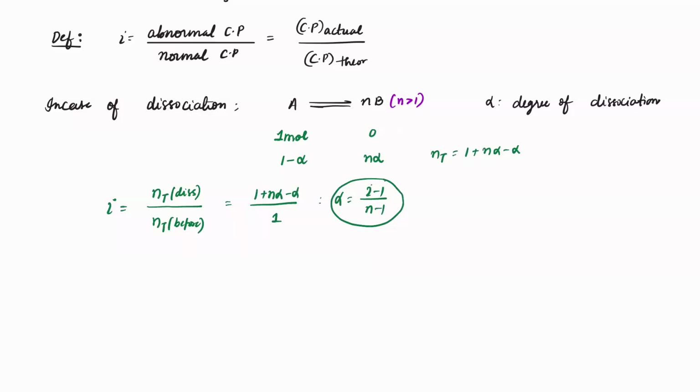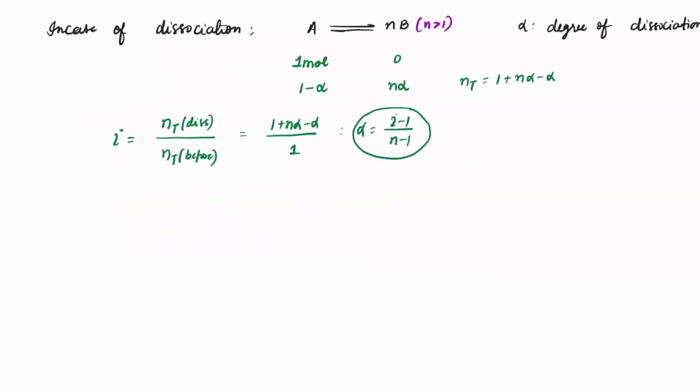Okay. Now notice, sometimes instead of directly giving the number of moles, molar mass information is given. What we are trying to do is n actual by n theoretical, correct? This is what we are trying to figure out, the I factor. N means weight actual by molar mass actual, by weight theoretical and molar mass theoretical. You know that weights will be the same because weight does not change, conservation of mass. So what is changing now?